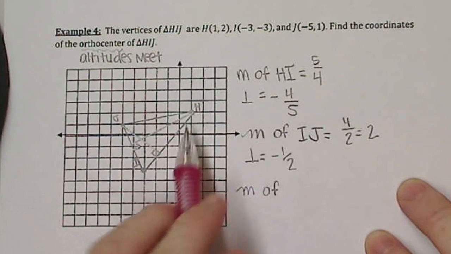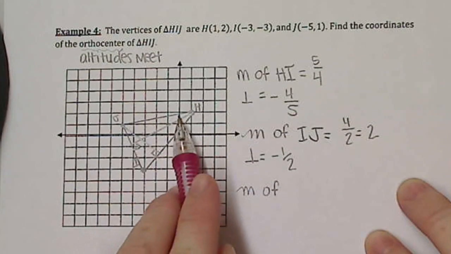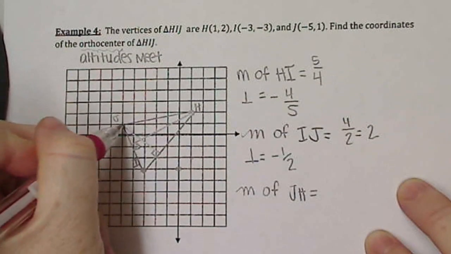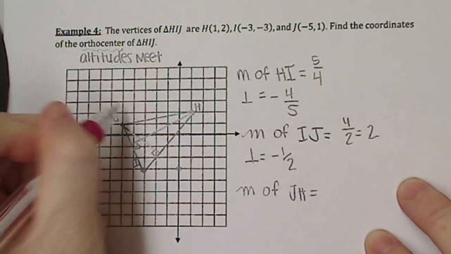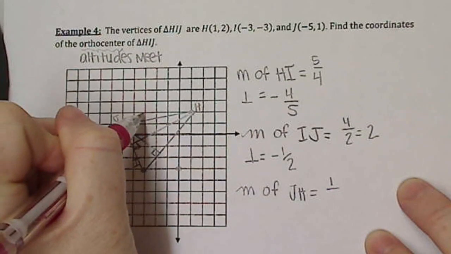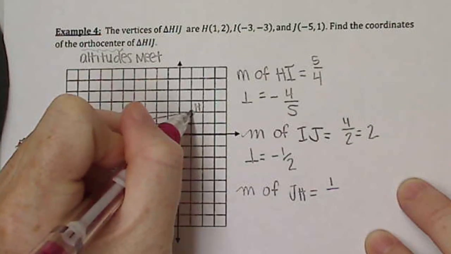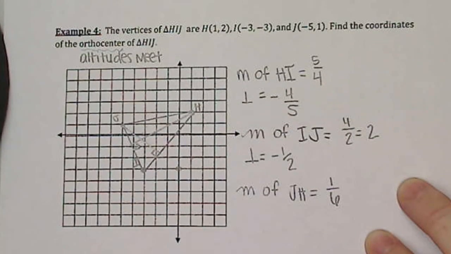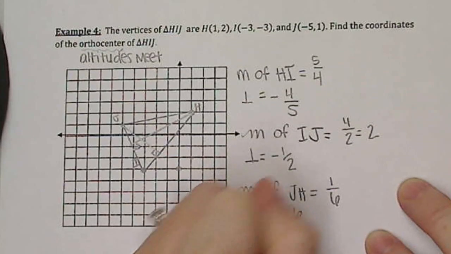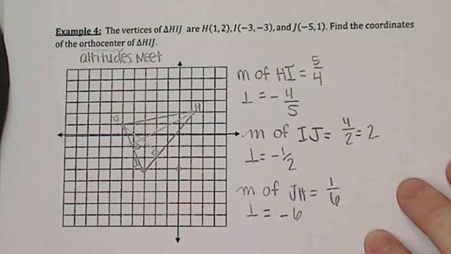My last side is over here, JH. My slope is 1 over 1, 2, 3, 4, 5, 6. So the perpendicular slope, -6.